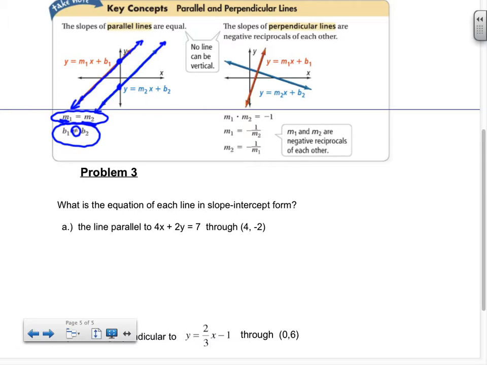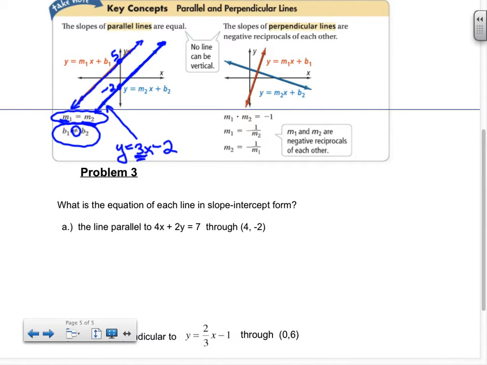So if I said this line crossed at -2 and this line crosses at 5, an example of these equations could be, let's just say, y equals 3x minus 2. 3 because this line goes up, so we know it's positive. So I'm going to call it 3 for a slope.